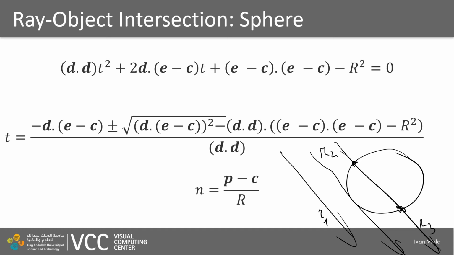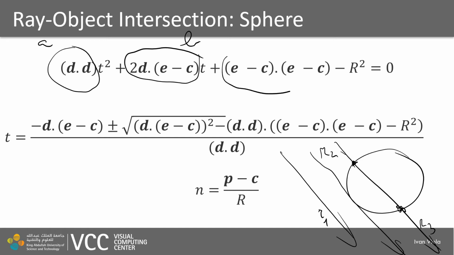And we have various terms associated with this quadratic equation. So for example, this term here will correspond to a, this term here to b, and this term here to c.